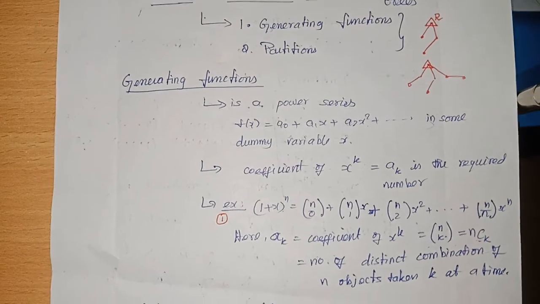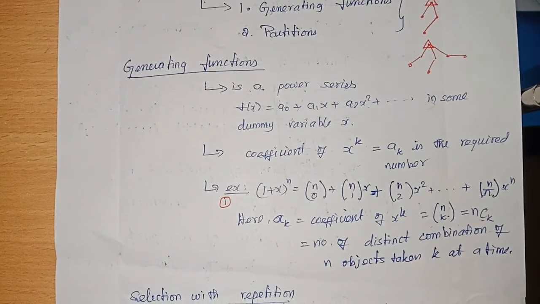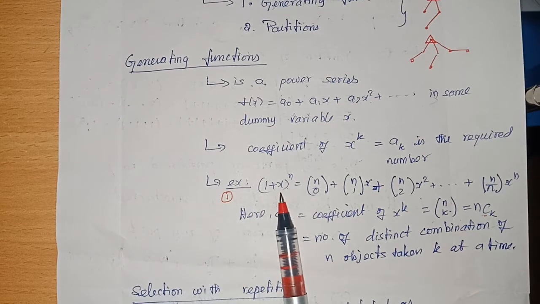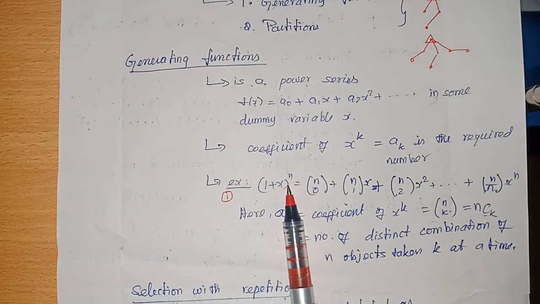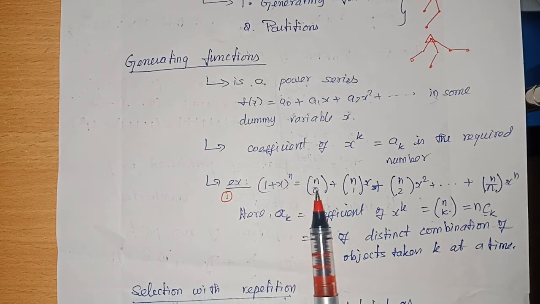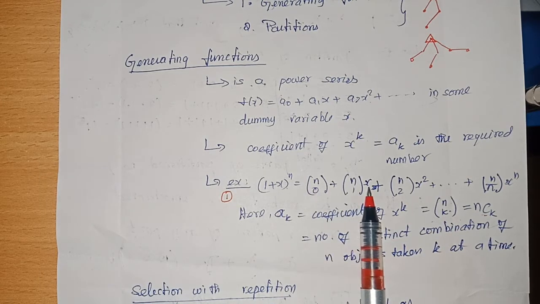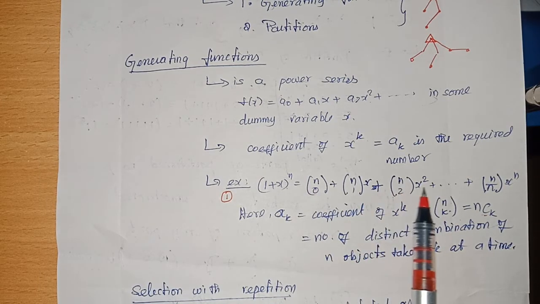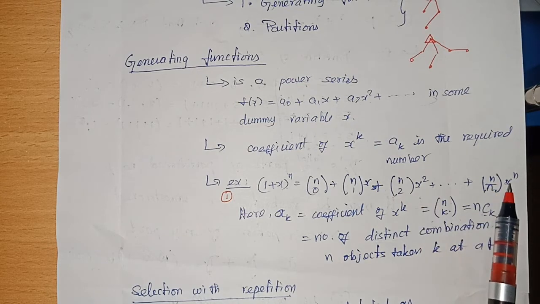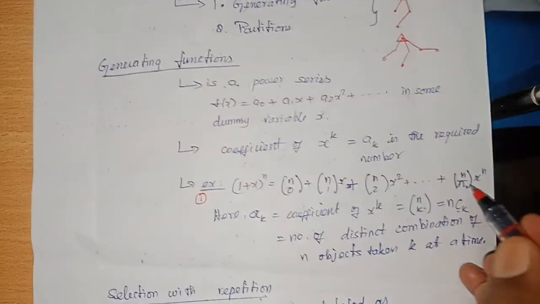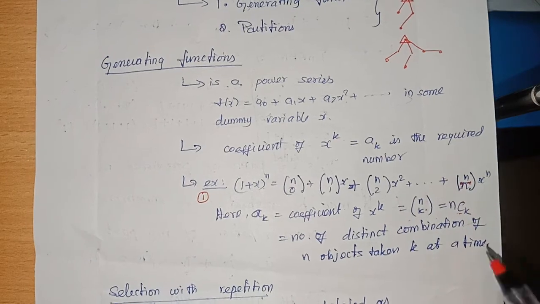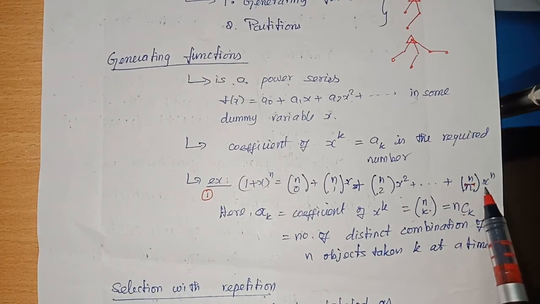In the very earlier classes, we have learnt about binomial expansion, a very simple binomial expansion, (1 plus x) whole power n. For a positive integer n, the expansion is nC0 plus nC1 into x plus nC2 into x square plus etc., plus nCn x to the power n. What is the coefficient here?